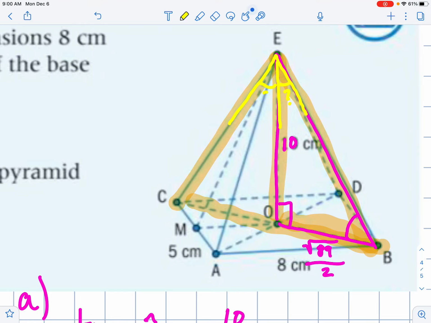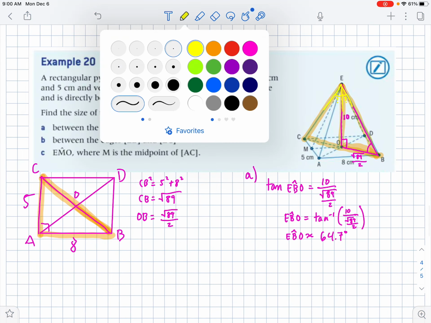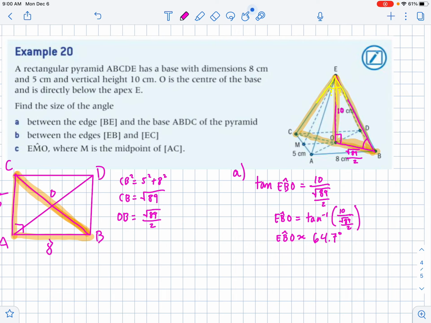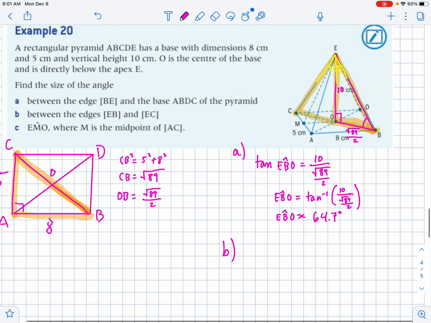So if we can find this angle and double it, that'll give us the entire angle at the top. Since I already know two sides in that triangle, I'm going to use SOH CAH TOA to figure out what angle OEB is.